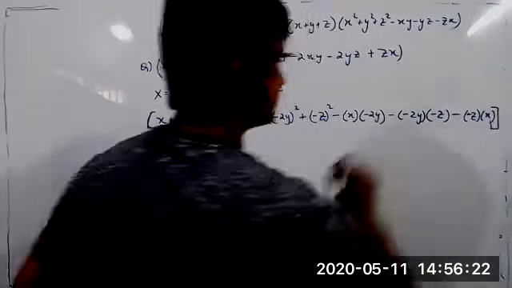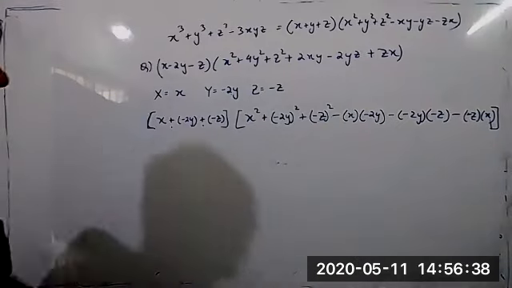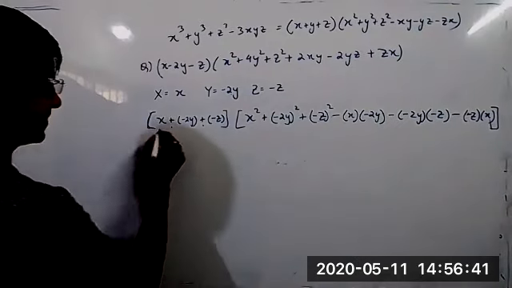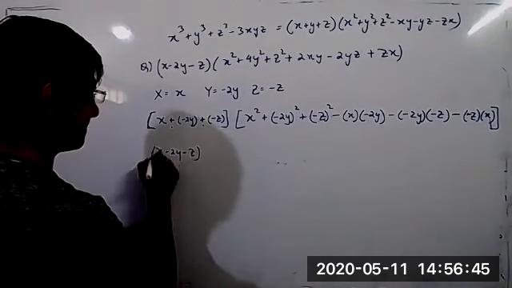Bracket close. Any doubt in this step? x plus y plus z, x square plus y square plus z square minus xy minus yz minus zx. So is this equal to this? Let's do and see. We can write this as x minus 2y minus z.